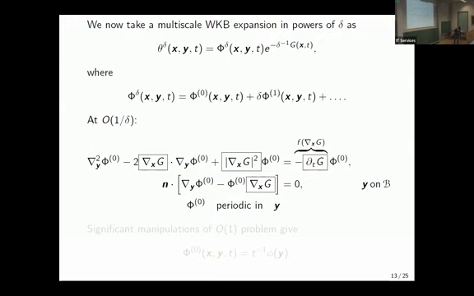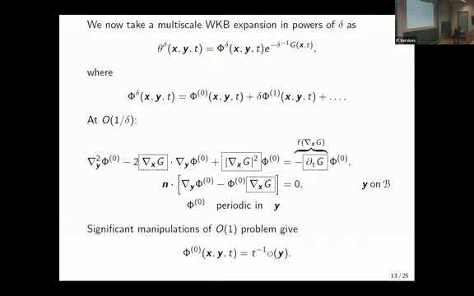The operators here only depend on the microscale variables y, right? And then you can see that it's an eigenvalue problem, and the principal eigenvalue here is dependent on this grad x of g, the big G that appears in the exponential.